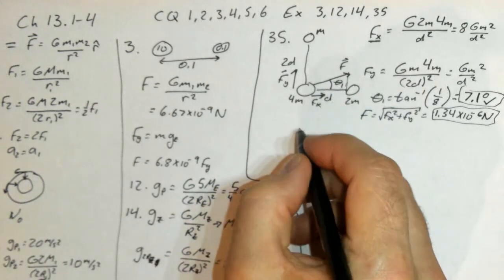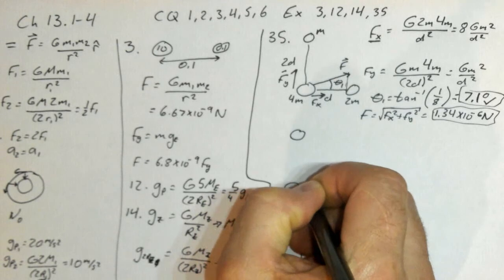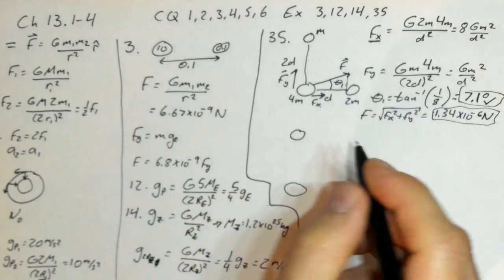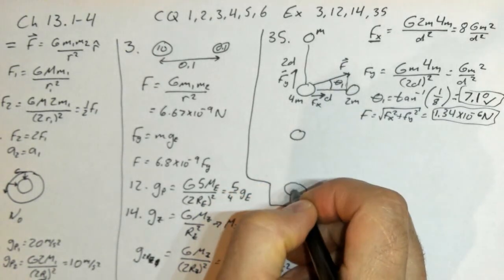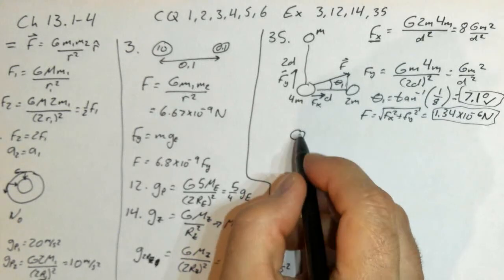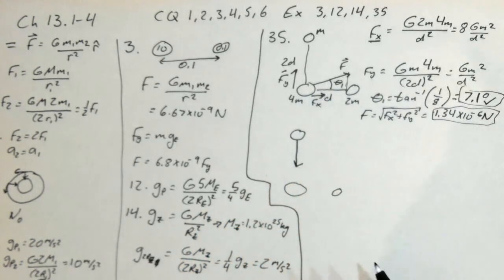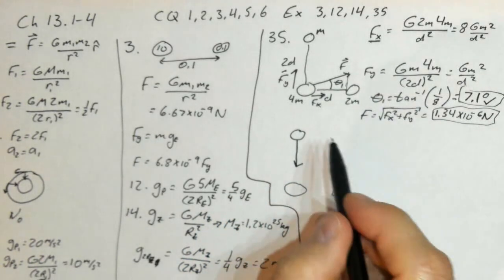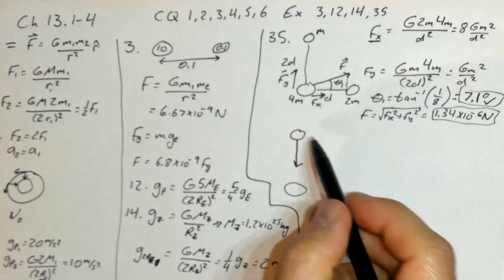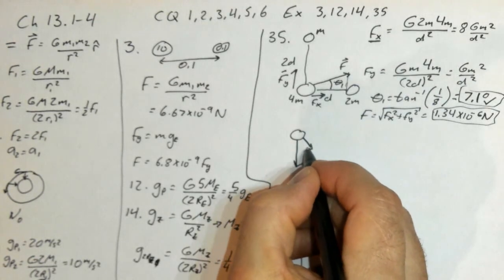Okay, let's just redraw that to make it clear. We have this mass, and we have this big one here, this small one here. So this one is closer and bigger, so that's going to be a fairly large force. This one is smaller and further away, so it's going to be a smaller force.